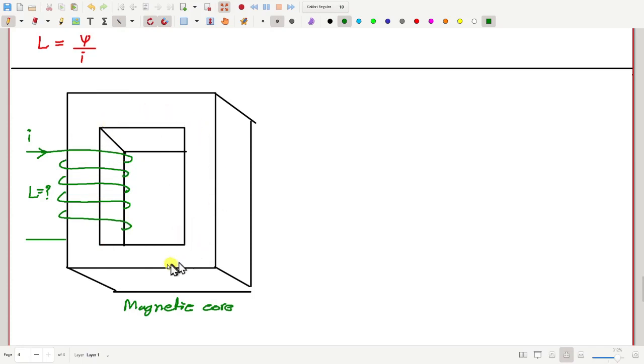But when we have a magnetic core which is made up of small tiny magnets, there are lots of tiny magnets in this material, and they are normally randomly oriented in arbitrary directions, so there is no overall magnetic effect of the core. But when we pass this current and this coil generates some magnetic field, all these tiny magnets, north, south, etc., will get aligned in the direction of the magnetic field, maybe like this.